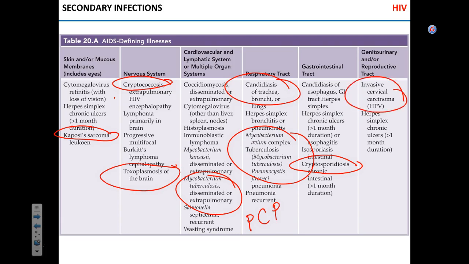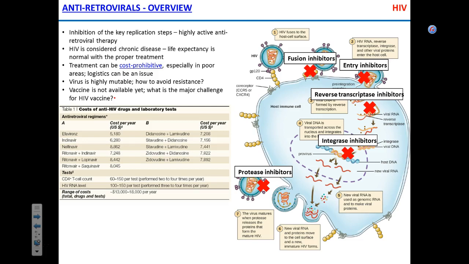HPV on the genitals is also very common. An HPV-caused cancer is anal cancer in patients with AIDS. Now, I believe I pictured a pretty terrible picture of consequences.